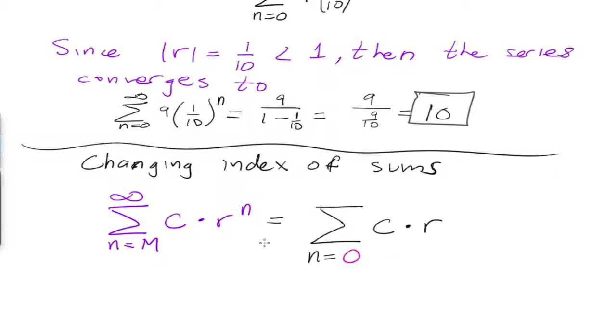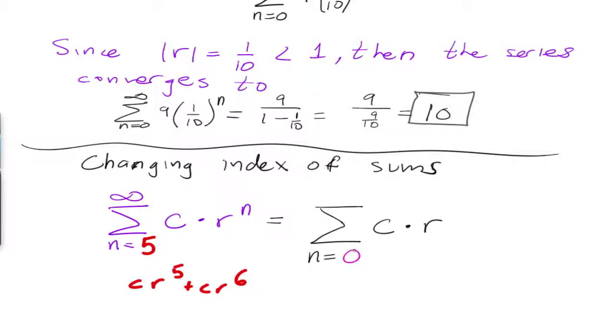So, for example, on your sheet, don't erase this, although I'm going to erase and then I'll write it down again. Let's say, for example, this starts at 5, right? So what is the first term of this sum? CR to the 5th, right? Plus CR to the 6th, and so on and so forth, right?